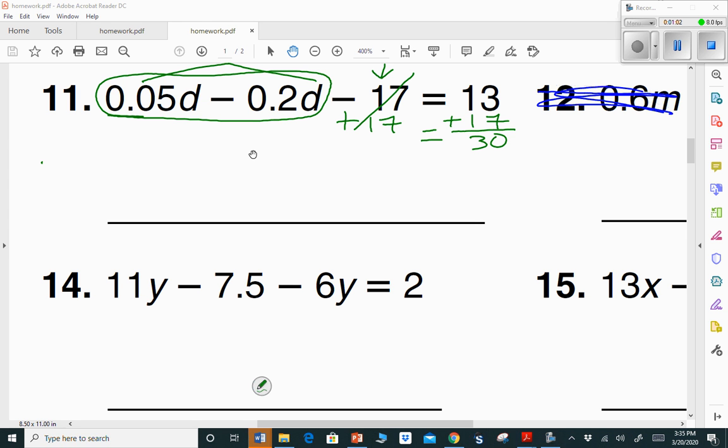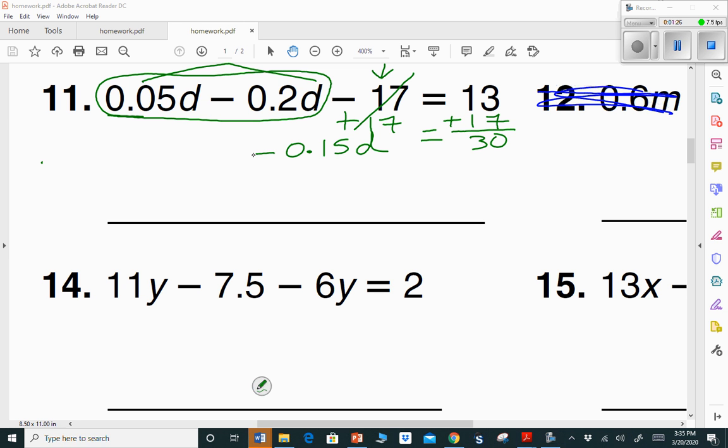0.5D minus 0.2D. That's actually a little bit confusing. So you may want to use your calculator just to make sure you keep track of your negatives, and we've got different amount of places. So 0.05 minus 0.2 equals negative 0.15D.